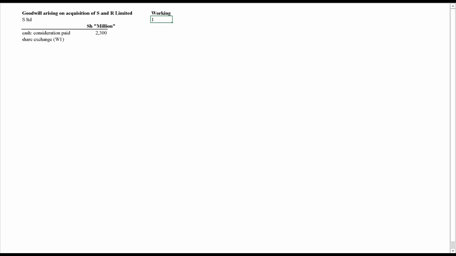So we have to calculate in our working. Our share exchange, we are given that is 2 shares for every 3. So you have to multiply by the 500 million equity that you have been given, then the percentage of the parent, which is 80%, and then the market price for every share in H Limited, which is 15. So we are going to get 400 million.